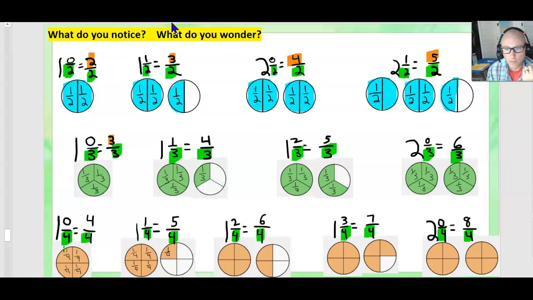And then I do notice it keeps going. 3, 4, 5, 6. This is 2, 3, 4, 5. Oh, so I do notice 4, 5, 6, 7, 8. I know they're increasing by 1. Oh, that makes sense. They're increasing by 1/4 because in the picture you can see it. Here they're increasing by 1/3. They keep adding a third on.